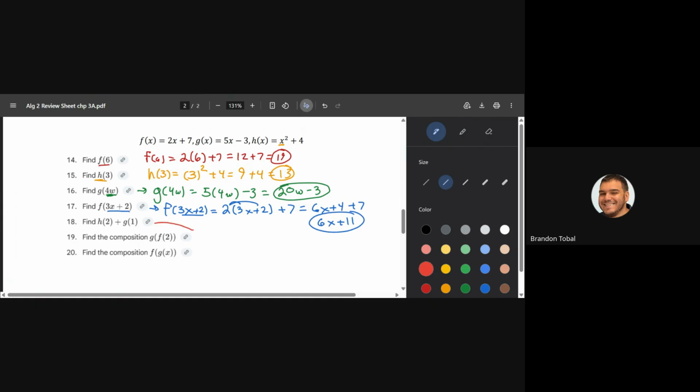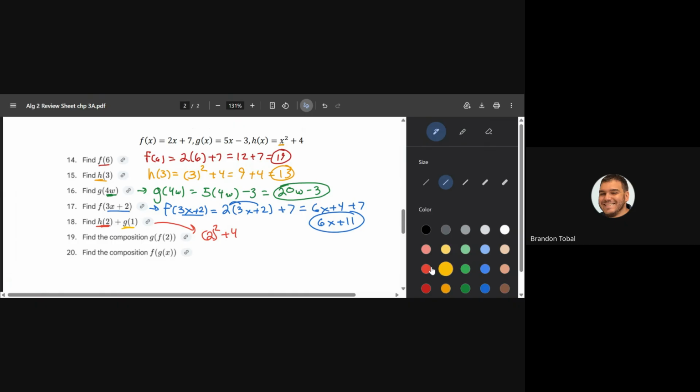Next one over here, h of 2 plus g of 1. So I want to figure out both separately. I'll use different colors. So first, h of 2, which is 2 squared plus 4.